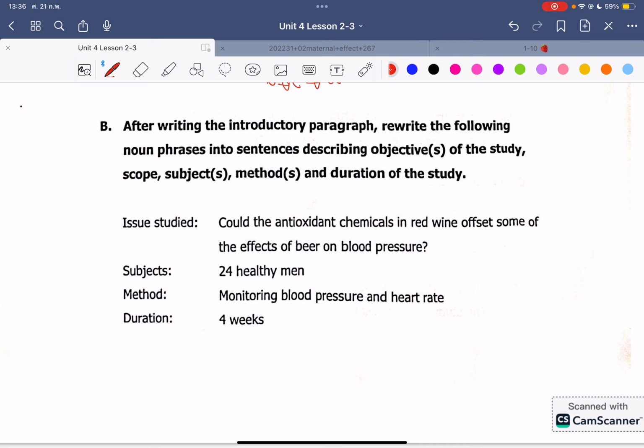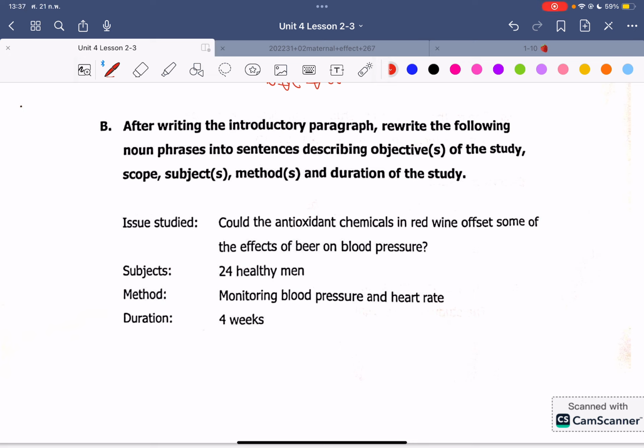The objective of this proposal, the objective of this project is to examine ต้องทำอะไรนะคะ? If or whether ใช่ไหม: if antioxidant chemicals in red wine, and then continue, แล้วก็ไม่ต้องใส่ question mark, yes. ต้องตามทีนี้นะคะ.